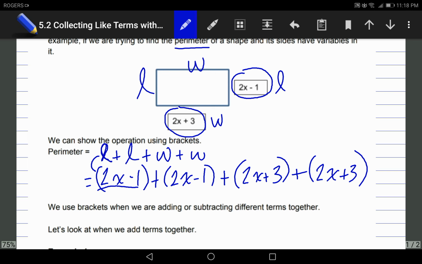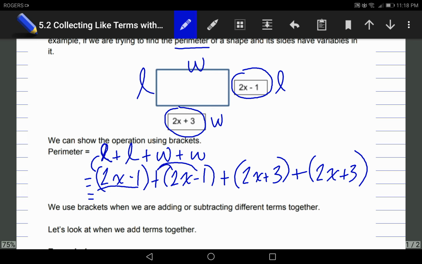You end up getting plus 2x and then you have a plus minus 1. A plus and a minus side by side is just equal to minus. So if you remember that when we're adding these brackets together, you can just drop the brackets. You don't necessarily need them.